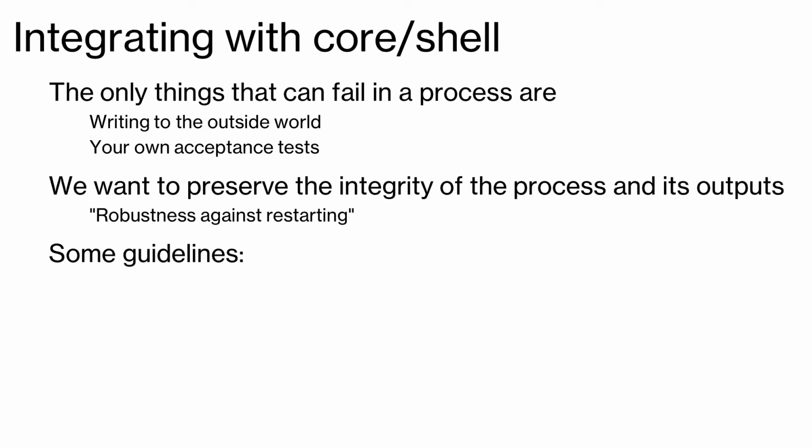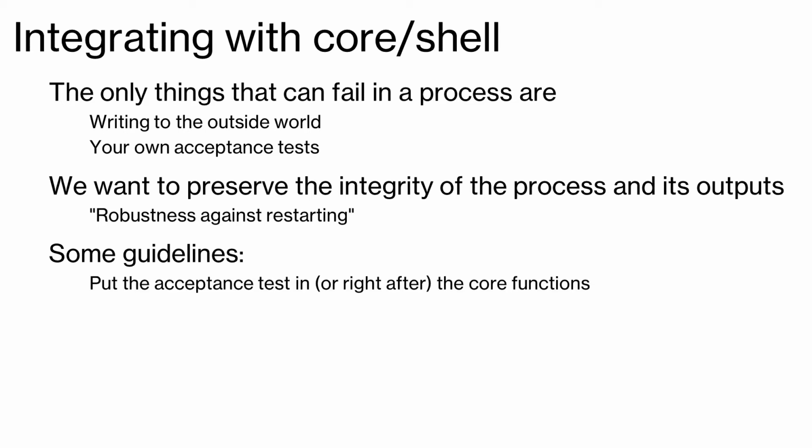First up, make sure that your data is good, your data is safe before you commit it to the outside world. So put the acceptance tests inside your core functions. Your core functions return what your next state should be. So if your next state is not safe, crash, so that you don't save a next state.